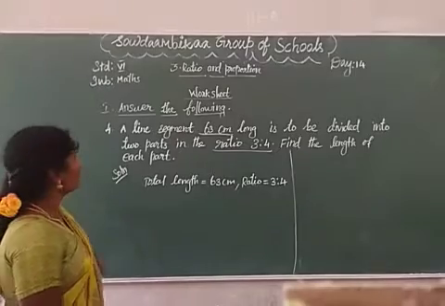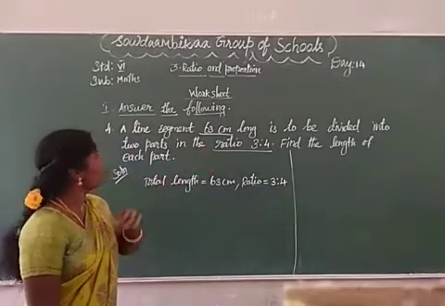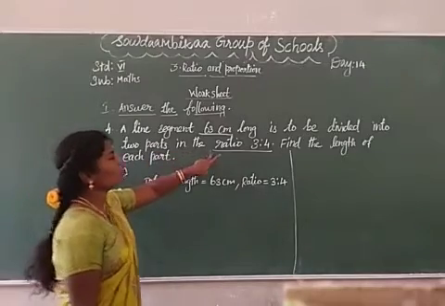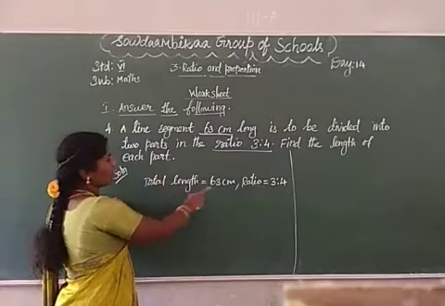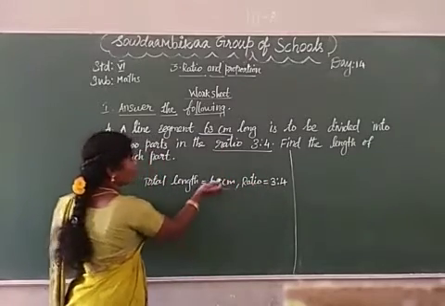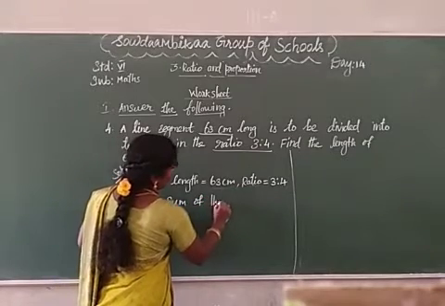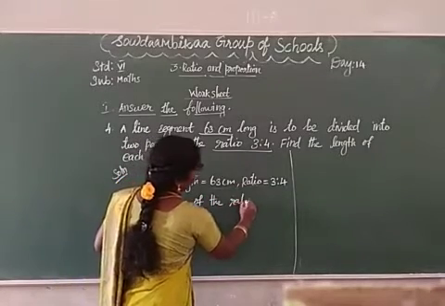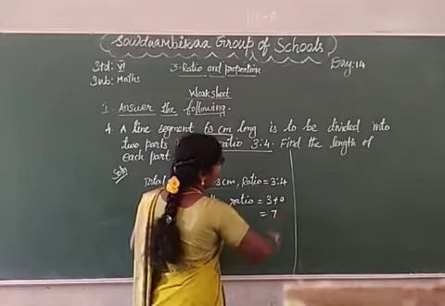The fourth question, a line segment 63 cm long is to be divided into 2 parts in the ratio 3 is to 4. Find the length of each part. Total length already given, 63 cm. The ratio 3 is to 4 already given. Now sum of the ratio, 3 plus 4, 7.